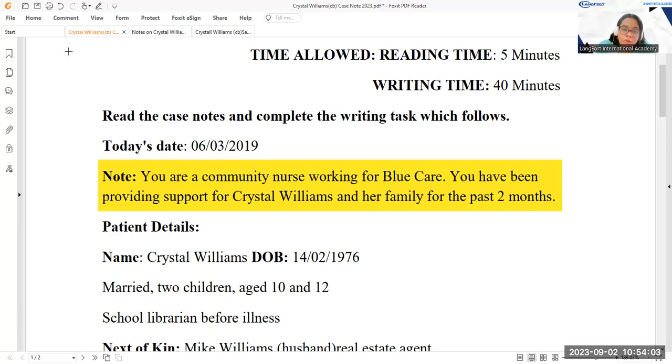Okay, Smita, what is your role as a writer here? Who are you as a writer? Community nurse, ma'am. Yes, you are a community nurse working for Blue Care. They have not given your name, but they have given your job and where you work.